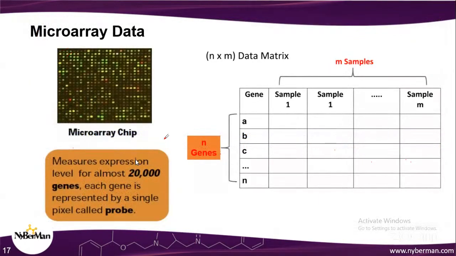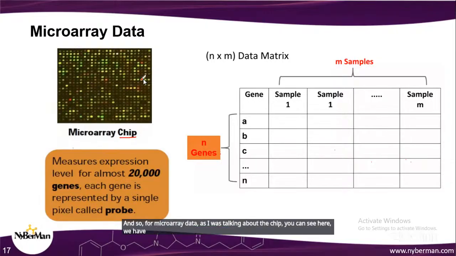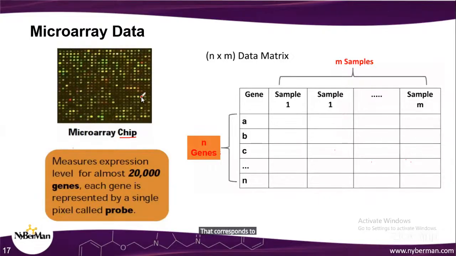And for microarray data, as I was talking about the chip, you can see here we have the information on the chip with different colors that correspond to the gene expression, or gene intensity, we can say.